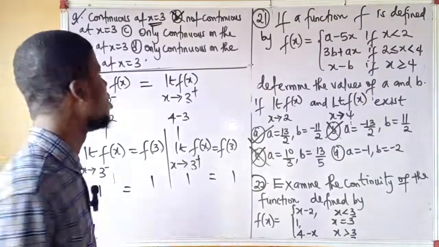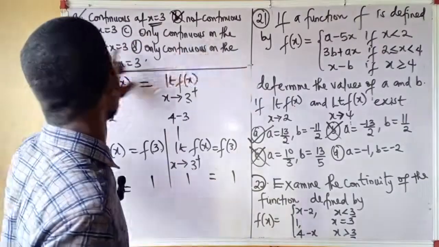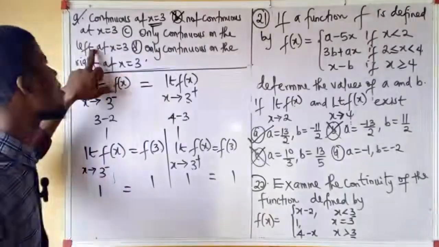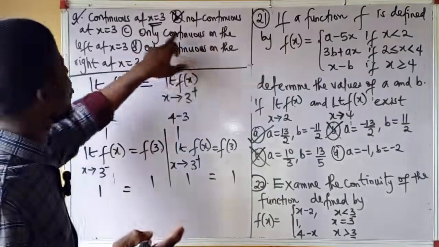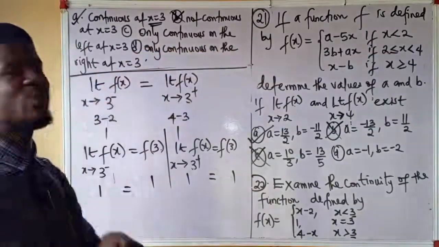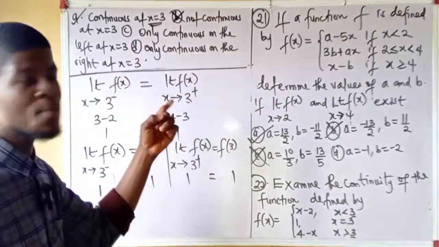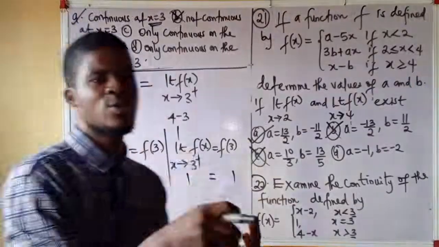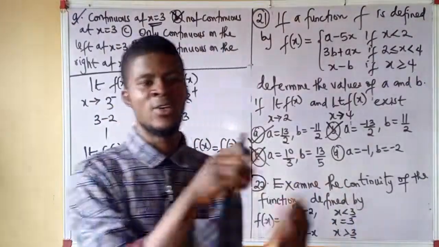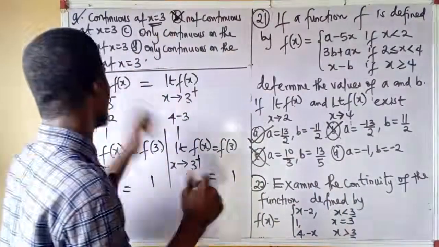Are you getting the point now? So it is not only continuous on the left. That's wrong. Only continuous on the left is different from continuous on the left. So it is not only continuous on the left, but it is both continuous on the left and on the right at x equal to 3.